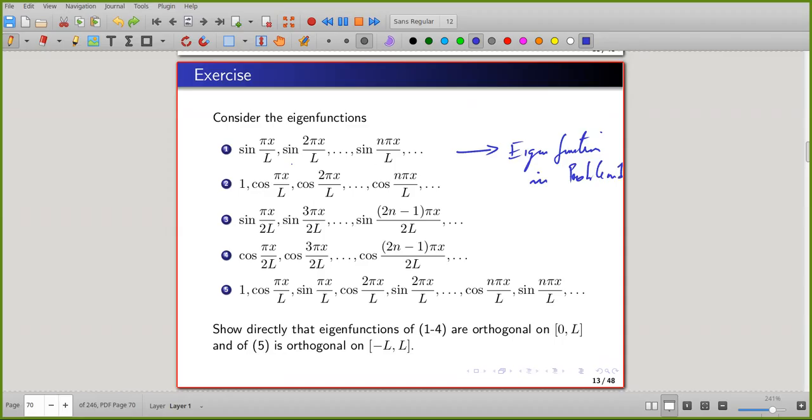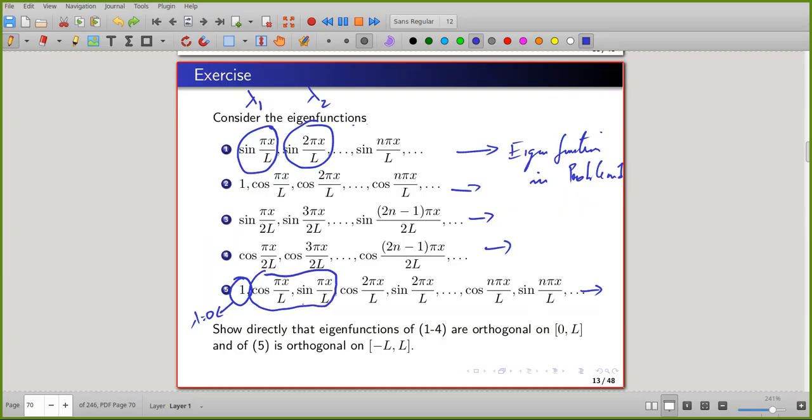This is the eigenfunction for one particular value of lambda. This is the eigenfunction for another particular value of lambda, and so on. These are the eigenfunctions for problem 2. These are the eigenfunctions of problem 3. These are the eigenfunctions of problem 4. These are the eigenfunctions of problem 5. Here, this is the eigenfunction corresponding to lambda equal to 0. So the eigenspace corresponding to lambda equal to 0 is one dimensional. And for the other eigenvalues, they are all two dimensional.